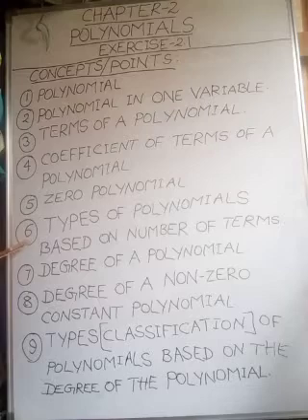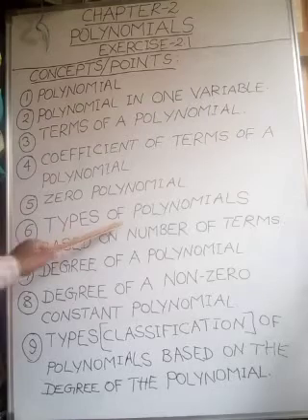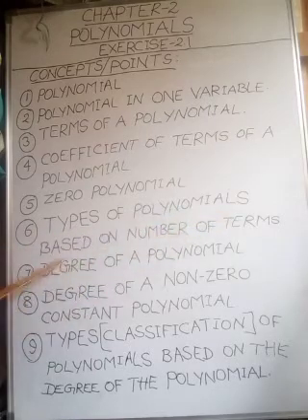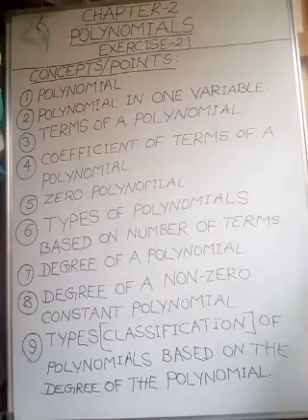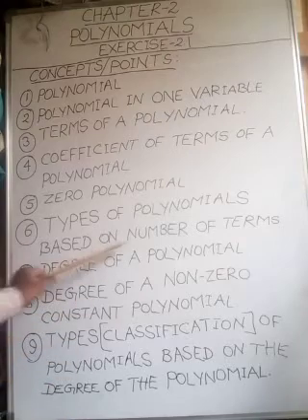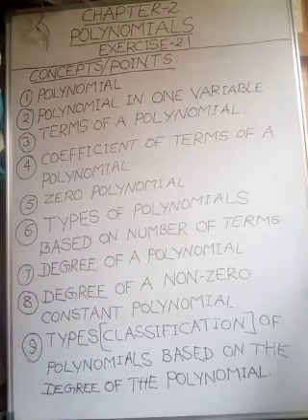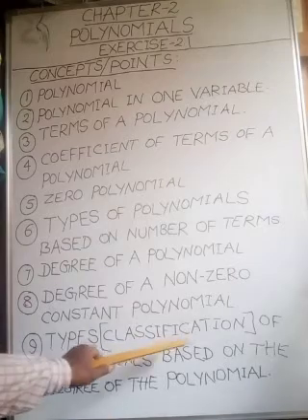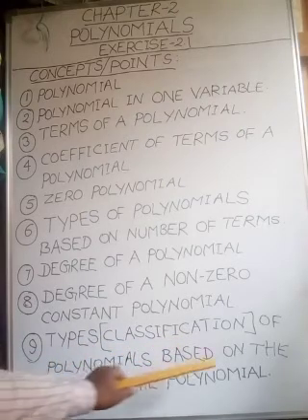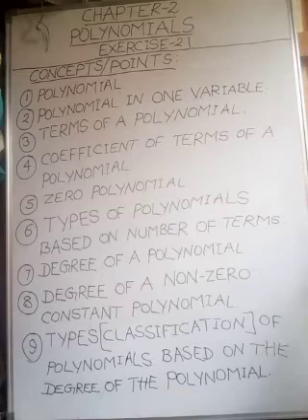Sixth point, types of polynomials based on the number of terms. There are different types of classification of polynomials. Based on number of terms is one classification, and types of polynomials based on the degree of the polynomial is another classification.